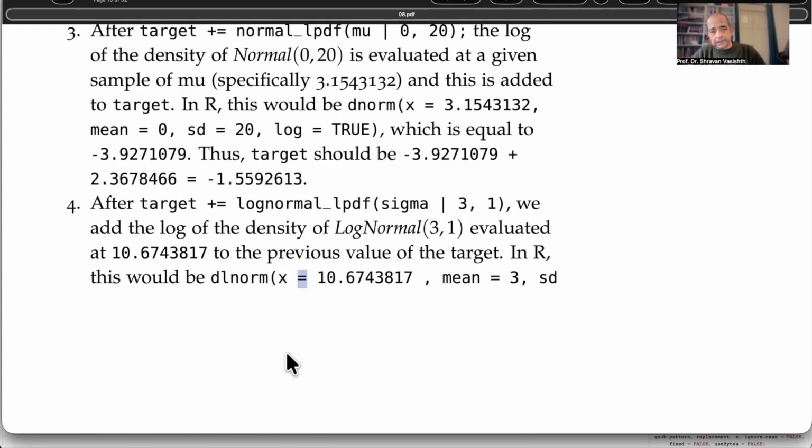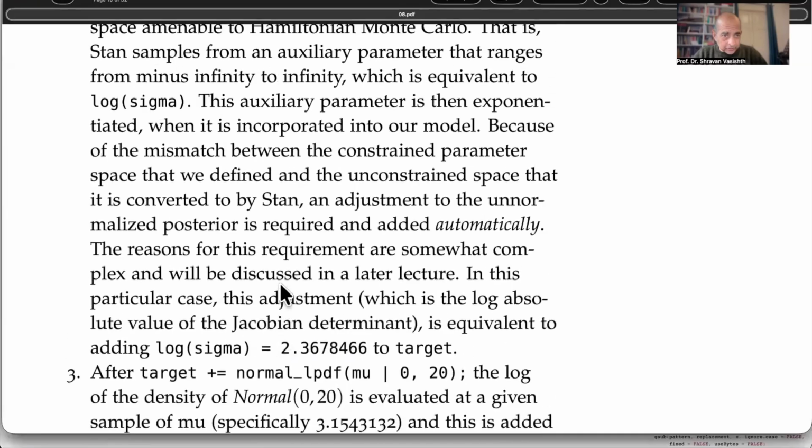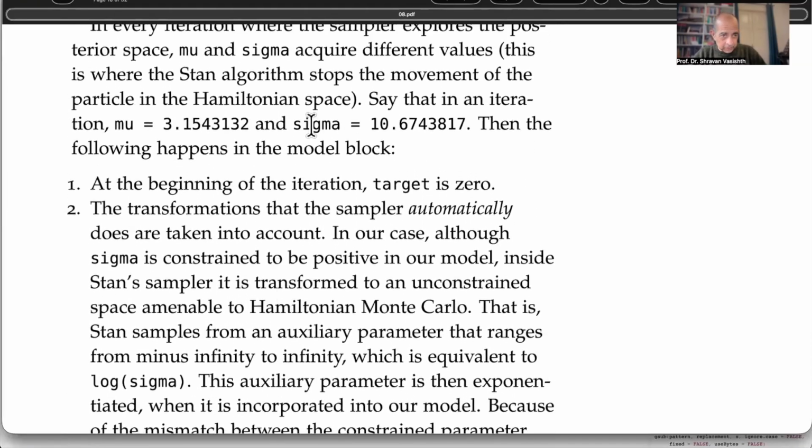Then we come to the next line, which is target plus equal to lognormal_lpdf of sigma with 3 and 1. What that does is the same thing again. What is our observed sample value of sigma? It was this number here.